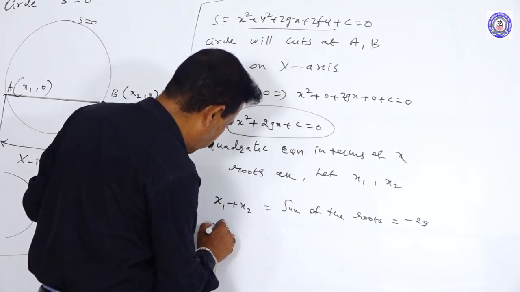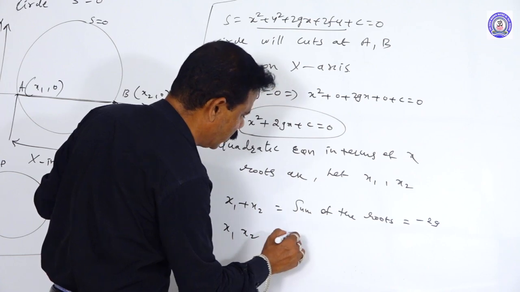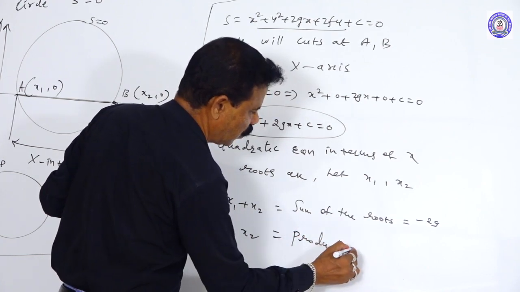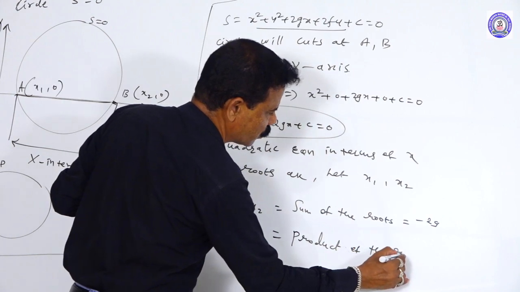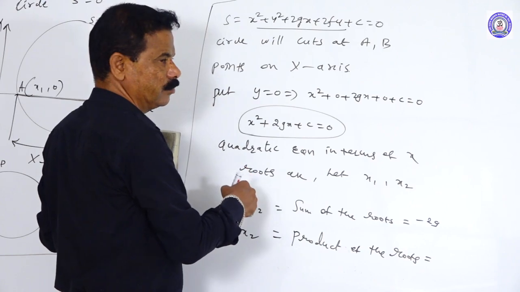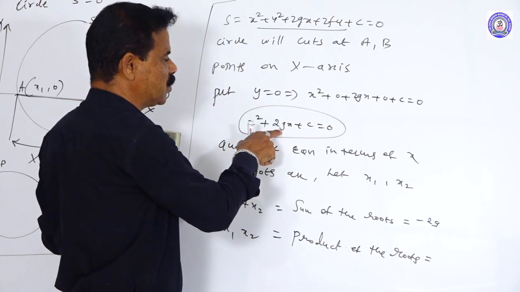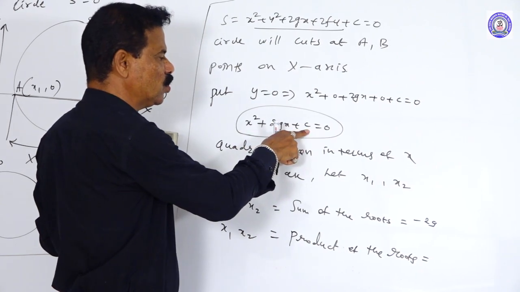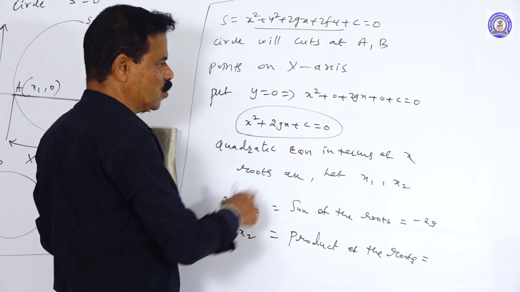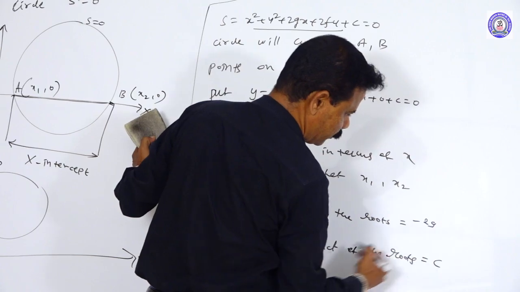And the product of the roots, x1 multiplied by x2, is equal to c by a. Here a is 1, so finally the product x1 x2 is equal to c by 1, c.